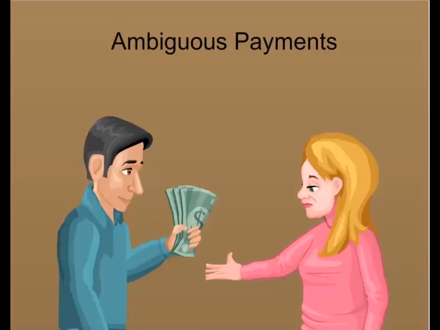For example, if a man is required to pay child support of $100 per month, plus alimony of $100 per month, total $200 per month, or $2,400 per year, but he pays only $1,500 total for the entire year, then $1,200 of that, which is the required annual child support amount, is considered child support, and only $300 is alimony. Same example, if he pays only $1,000 for the year, then all $1,000 is child support and none is alimony.